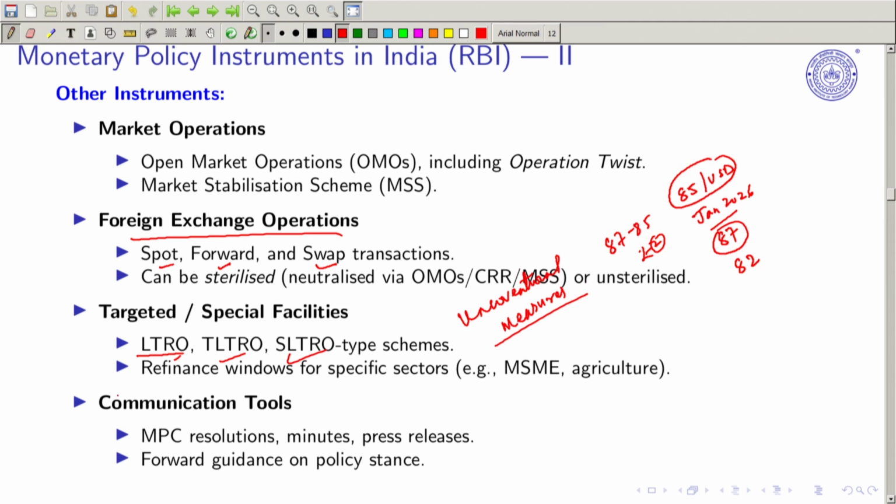There are different types of communication tools. First is the Monetary Policy Committee. In 2016, the Urjit Patel Committee recommended flexible inflation targeting, and it was decided that there will be a committee with nominations from the government.